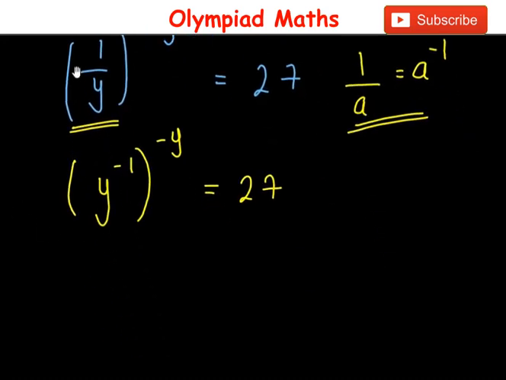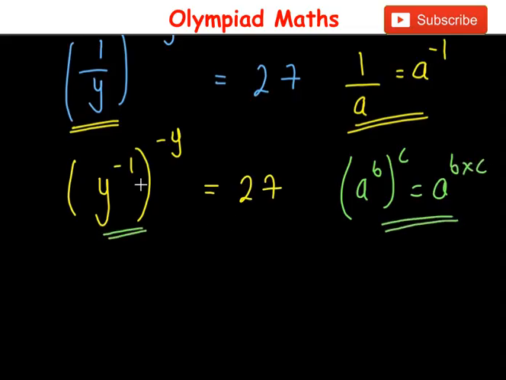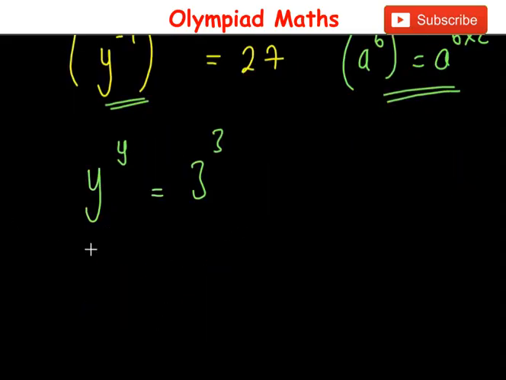Also applying the rule that a raised to power b, all raised to power c, equals a raised to power b times c, power minus 1 multiplied by power minus y, we have y raised to power y, and this equals 27, which can be written as 3 raised to power 3. By comparing this, y equals 3.